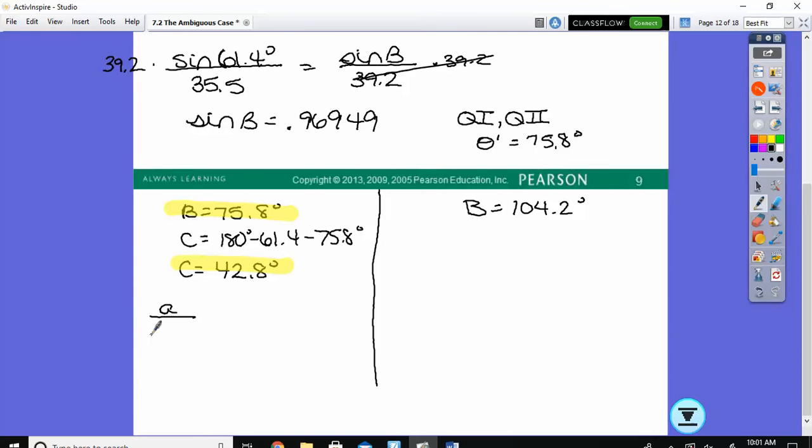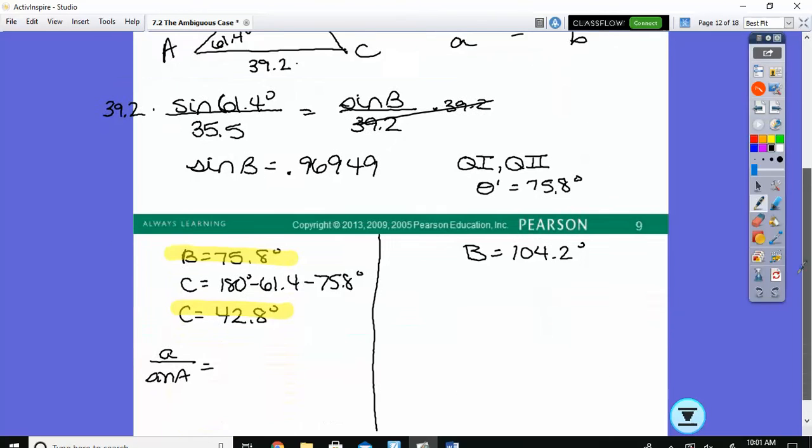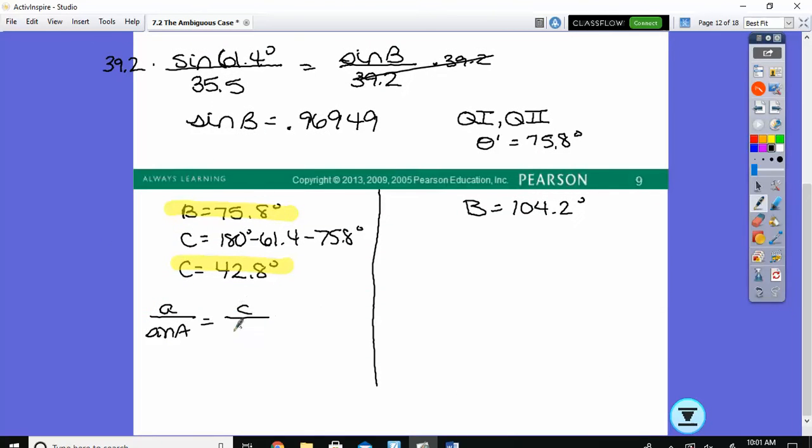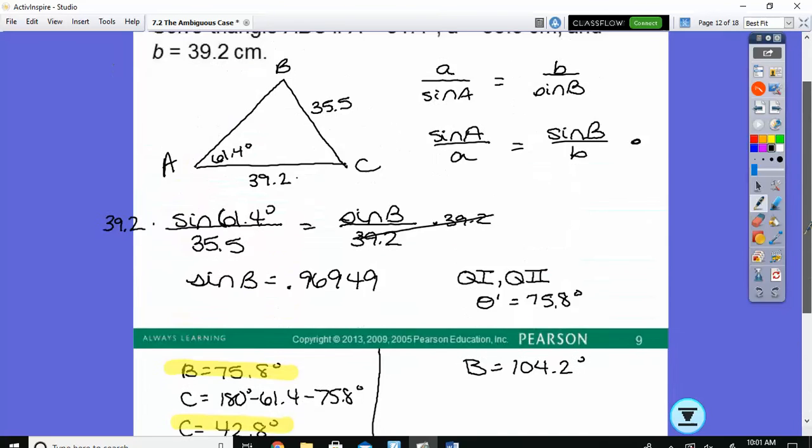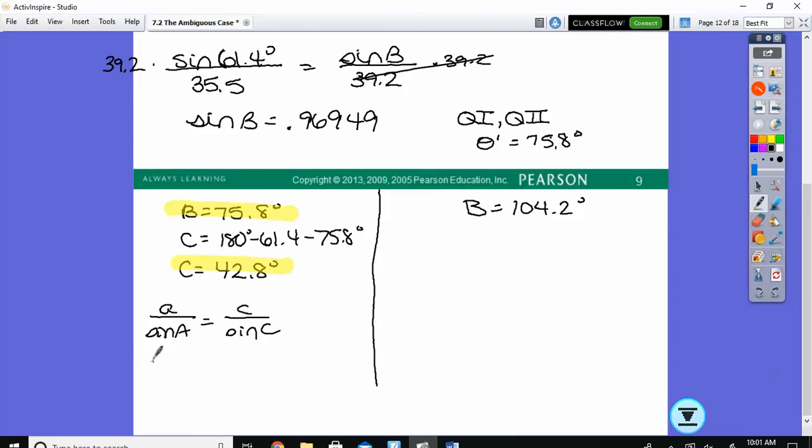So let's say I want to find the side, so I'm going to put the side on top. So I'll do A over sine of A equals, we need side C, so we'll have to do C over sine C. So side A was 35.5 divided by the sine, angle A was 61.4 degrees, equals, we don't know side C, over the sine of C, which we got 42.8 degrees for that side.